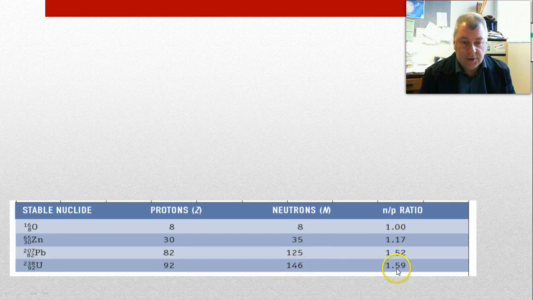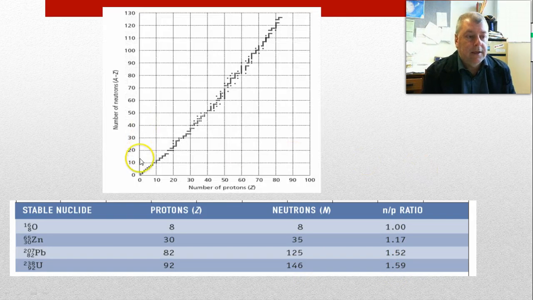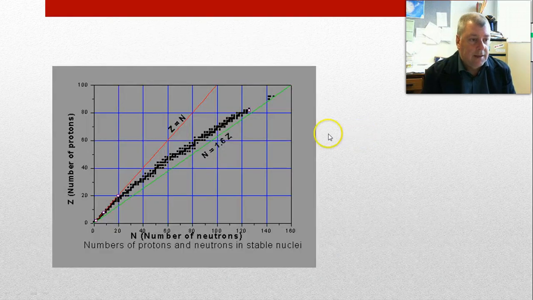And the ratio is changing and getting larger and larger, and we can see that on a diagram where this is the number of protons, this is the number of neutrons, and ideally it's a straight line up to about here, and then it starts to depart, and you can see a curve there. We've got another diagram that shows this here.